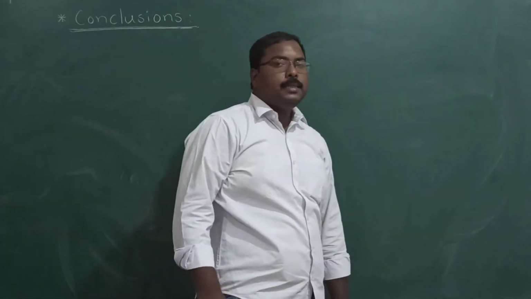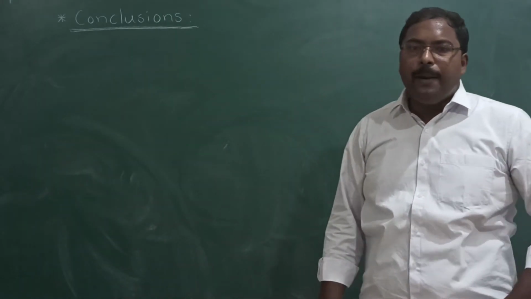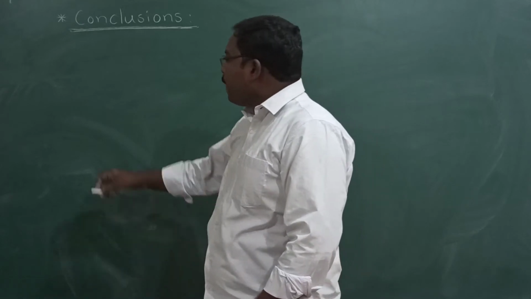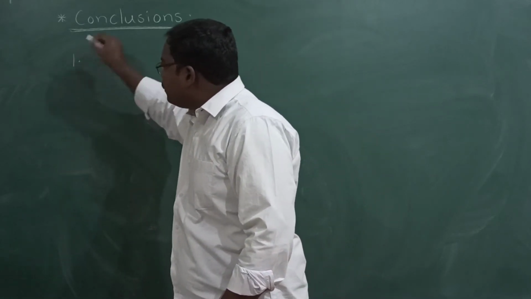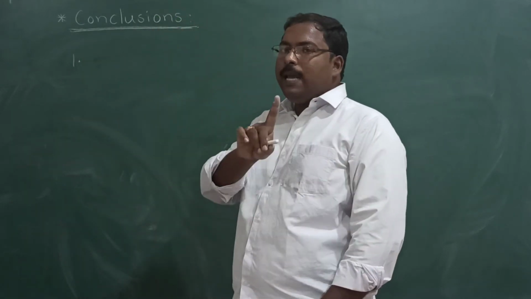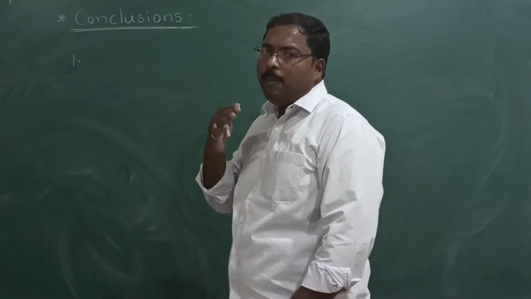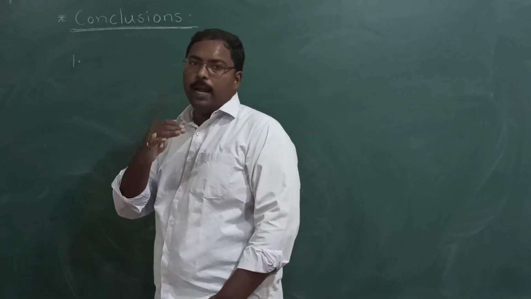Now, let us discuss about the conclusions made by Rutherford from his experiment. Coming to the first one. What is the first type of rays he observed? Most of the rays were passed through the foil.